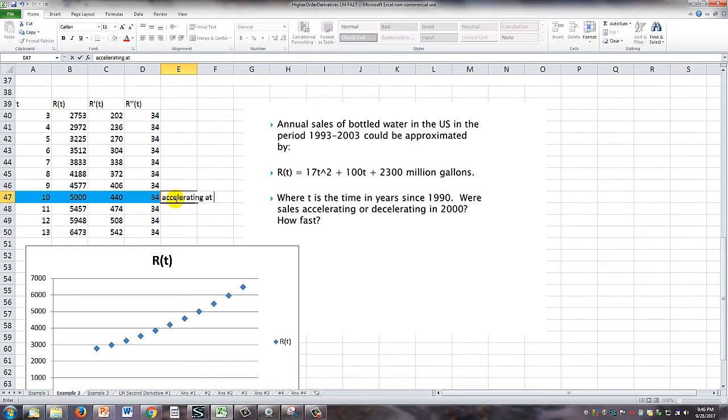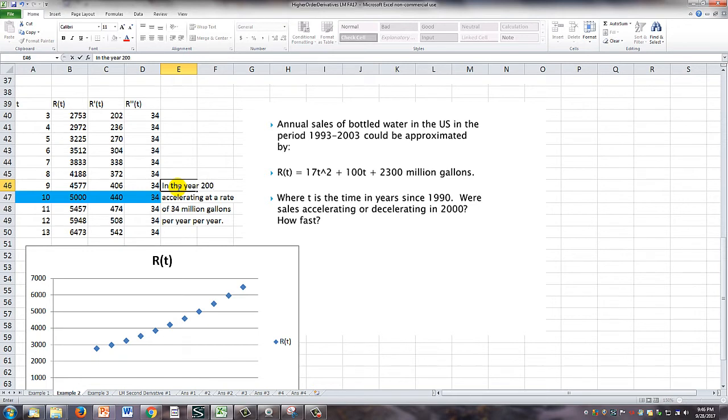At a rate of 34, and let's work on the units. It's million gallons, so 34 million gallons per year, and the x is year, so it's acceleration, per year per year. And I'll add this in the year 2000.